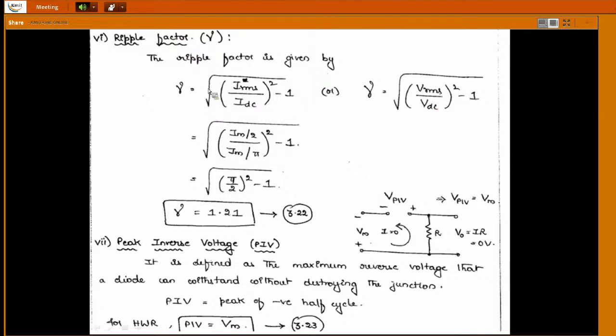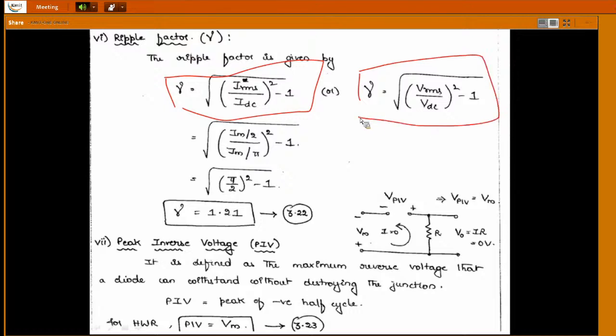You people have to remember the first things. If you remember the basic formulas for the first ones, then you can easily substitute these values. You know the IRMS value, IDC value, VRMS value, VDC value. You must remember the basic expressions for the ripple factor, form factor, and peak factor.